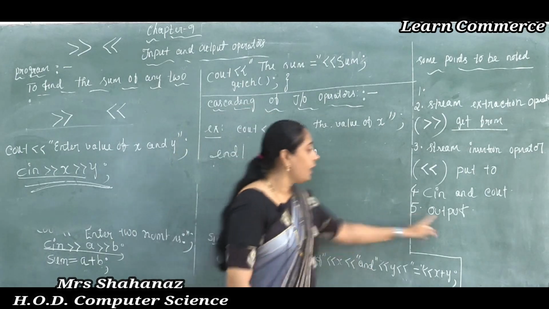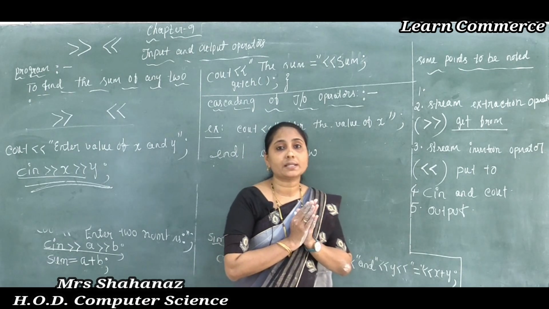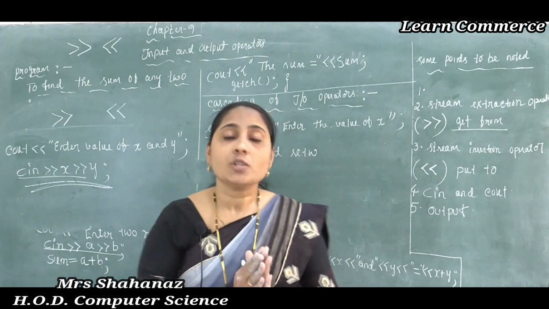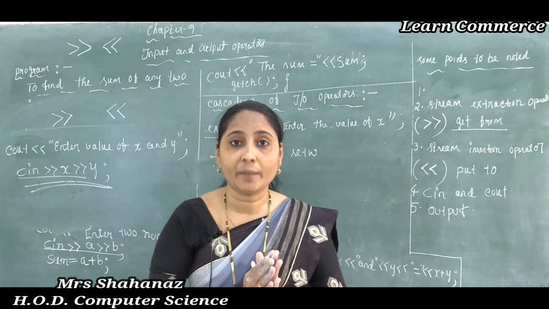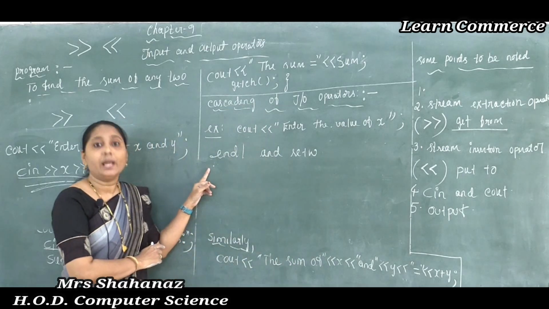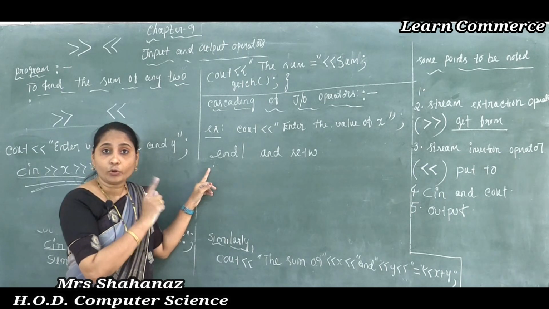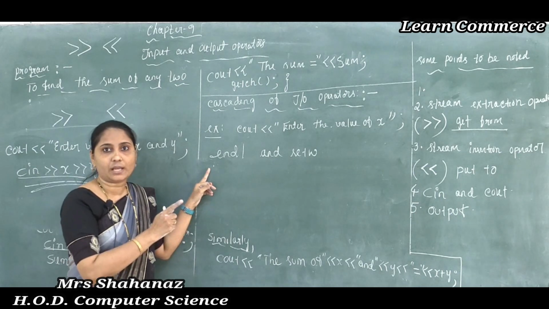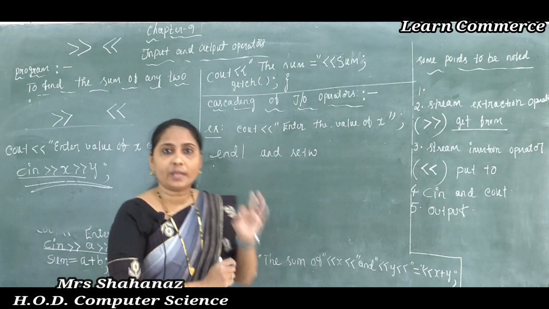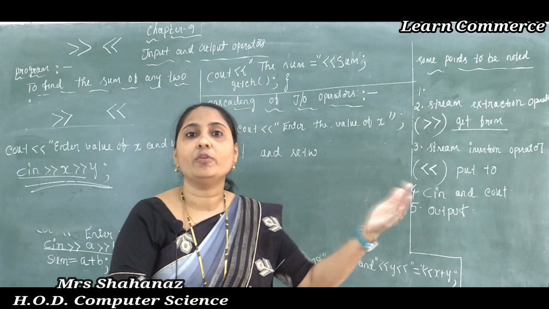And next, the fifth point: some manipulator operators are there. Why are we using manipulators? Such operators are used along with the stream insertion, that is, the output. Along with cout, some objects are used and some manipulator operators are used. They are used along with the output to manipulate and modify the output.